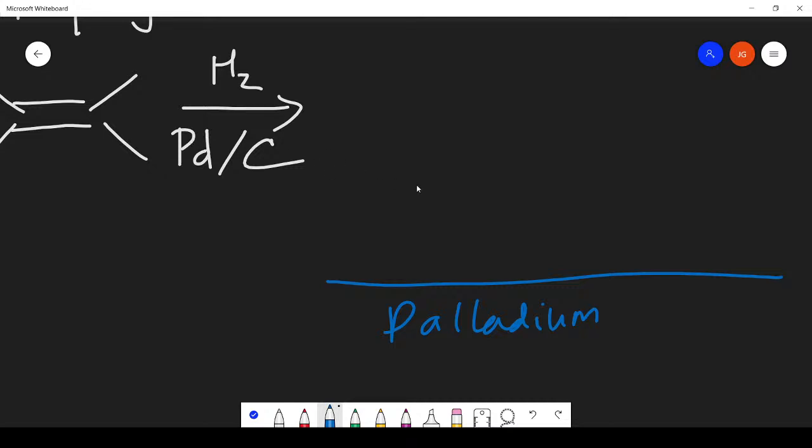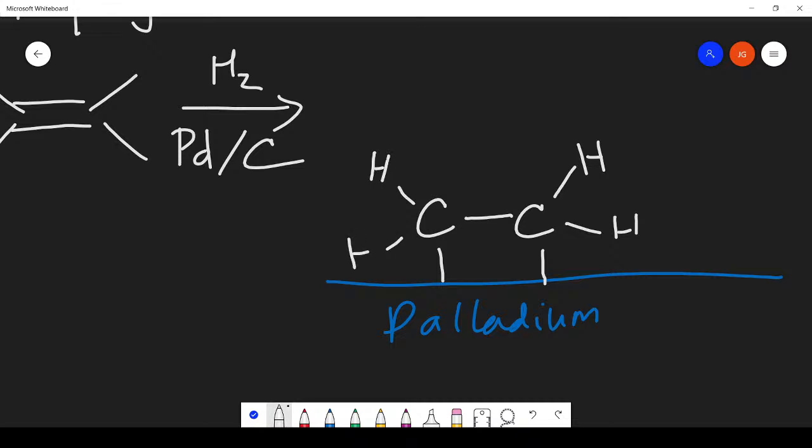And you're going to have your alkene look like this. So you're going to have your carbon here, carbons bonded together. They're going to be attached to the metal surface, and you're going to have the hydrogens. So we're fulfilling the octet rule over here.